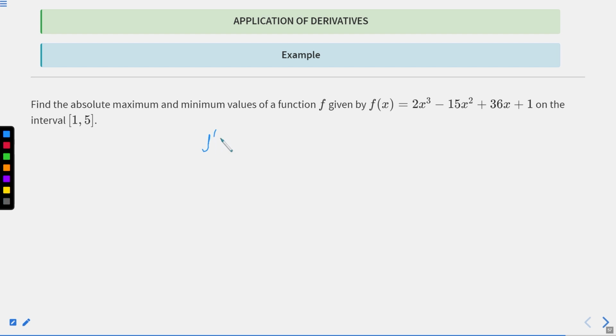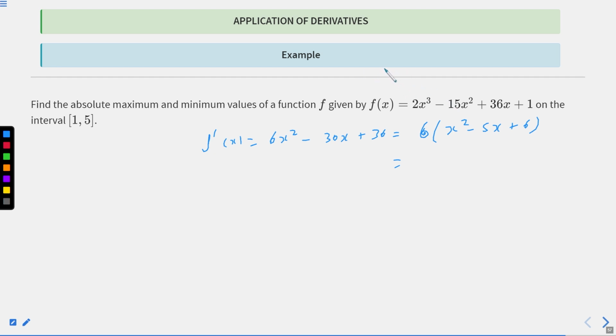So f prime of x will be 6x square minus 30x plus 36. Taking 6 common, you will have x square minus 5x plus 6. Now as you can see, this can be broken down into two factors.